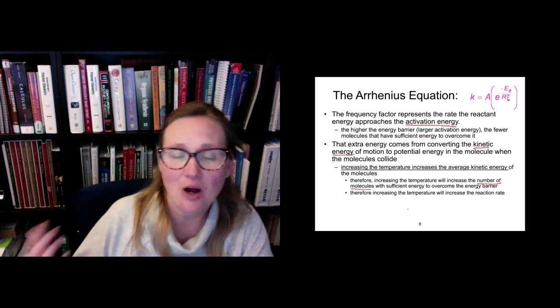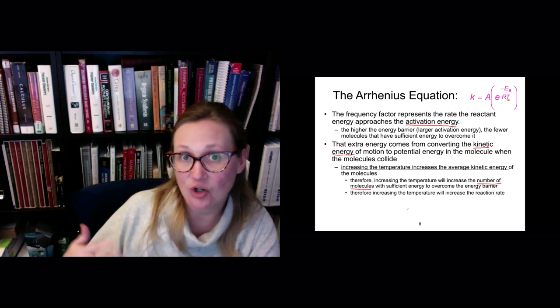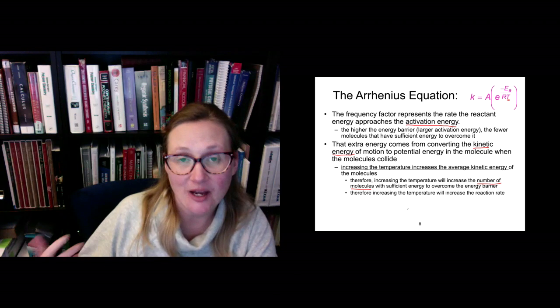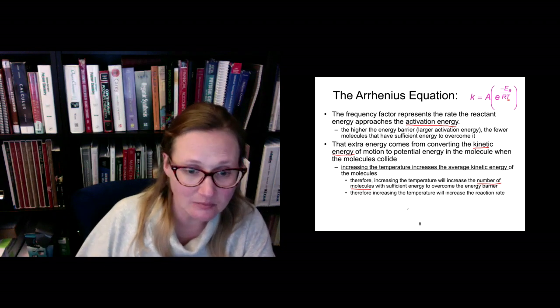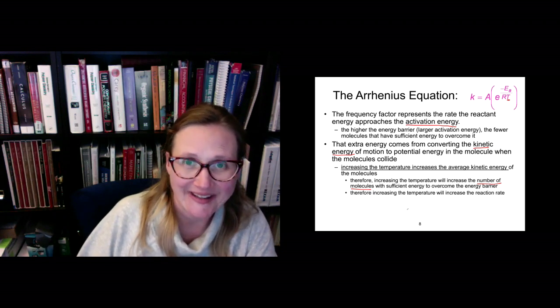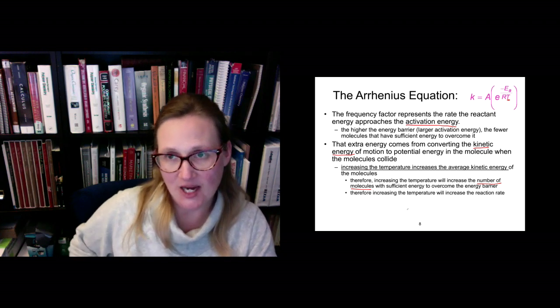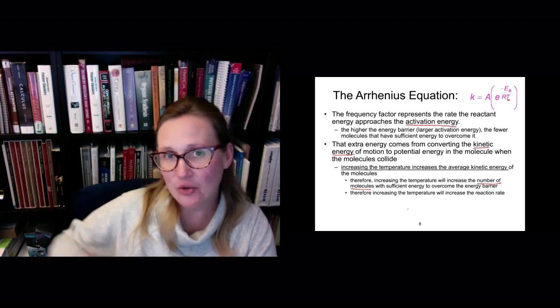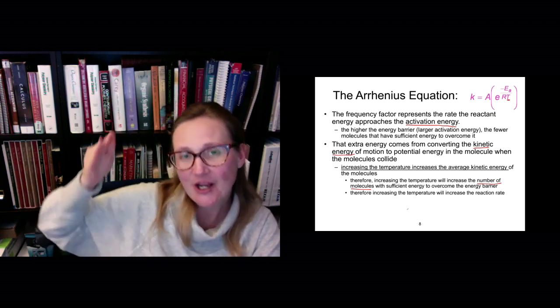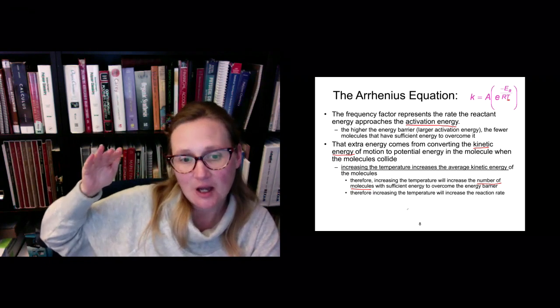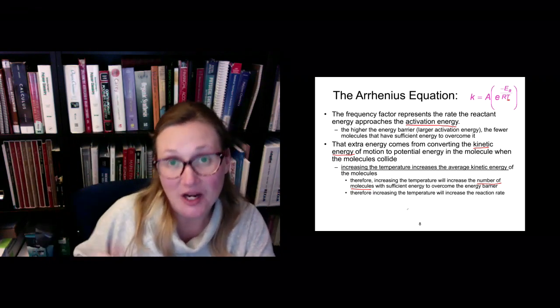Now we have more molecules with sufficient energy in order to overcome that energy barrier. At the same time, according to our Arrhenius equation, if we increase the temperature, we will then see an increase in the reaction rate. So here we have more molecules that can surmount the barrier. Therefore, we have an increased rate of reaction.